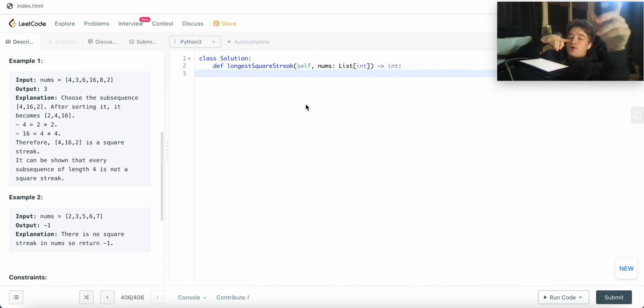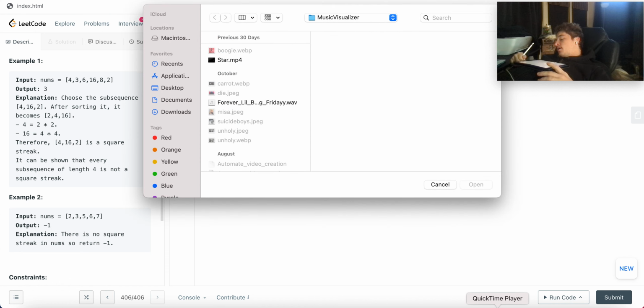So for any number, there is a matching number that we want to consider as the previous element in this subsequence. So there's a previous element for a number, and that previous element is the square root of the number.